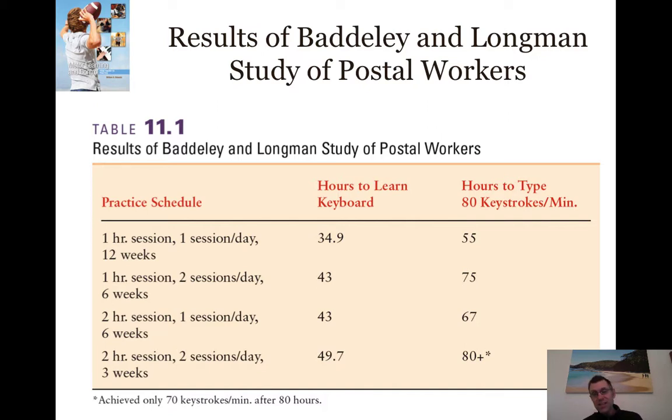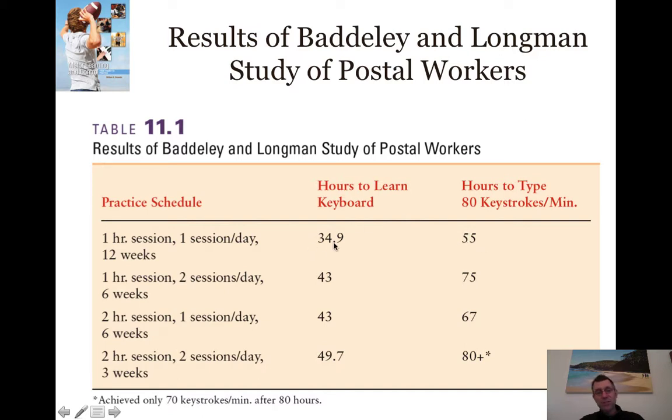So the results on the right there pretty much speak for themselves in terms of hours to learn the keyboard and hours to type 80 keystrokes per minute. The group that took the longest time, the not massed distributed group, learned the fastest.